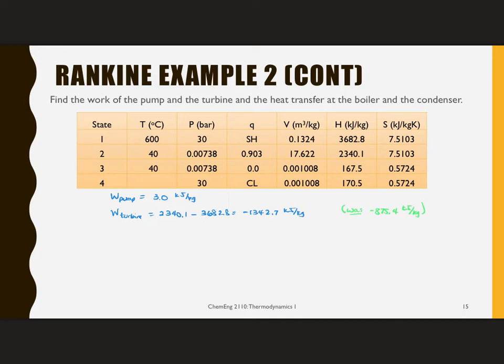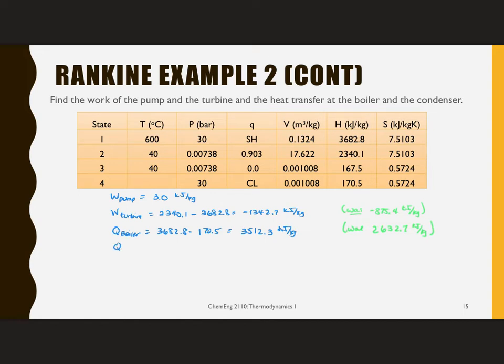And so we've increased that number a lot. However, let's look at the boiler. The boiler now requires 3,512.3 kilojoules per kilogram. And before it was 2,632.7 kilojoules per kilogram. So we increased that one a lot also.